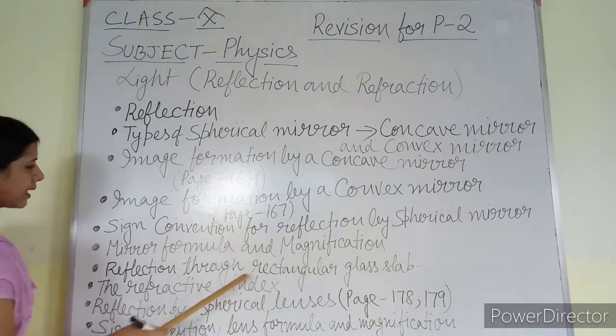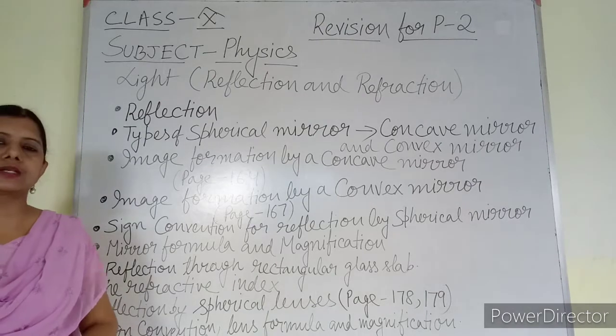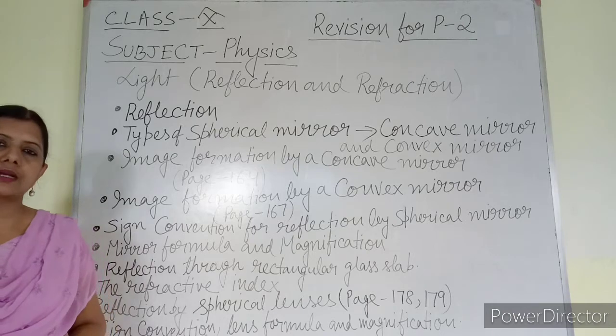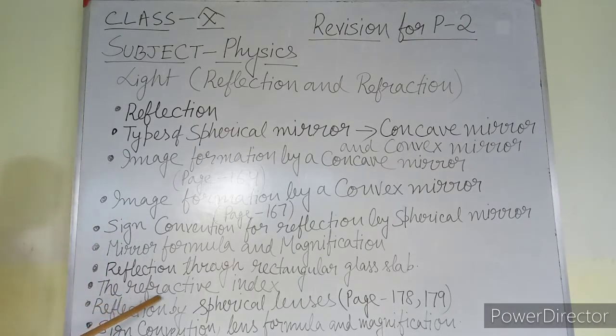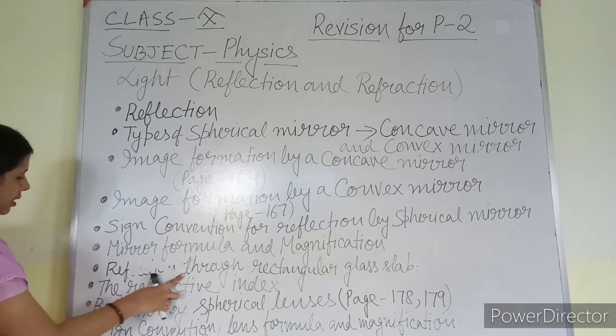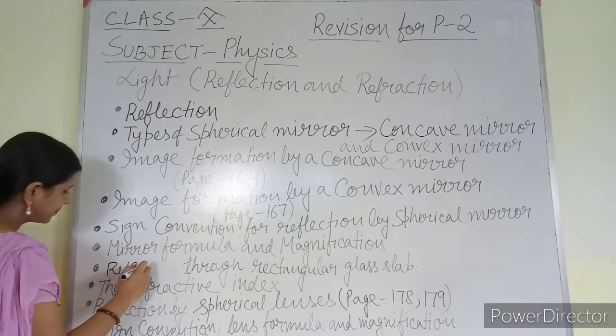Next is refraction through a rectangular glass slab. Through the glass slab, how the refraction is occurring, with a diagram and proper terms, you have to remember. I said reflection, but this one is refraction, not reflection.